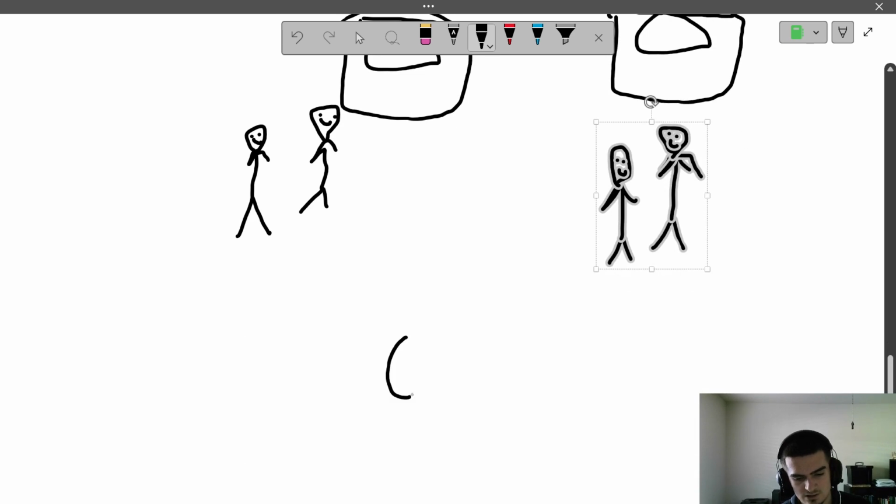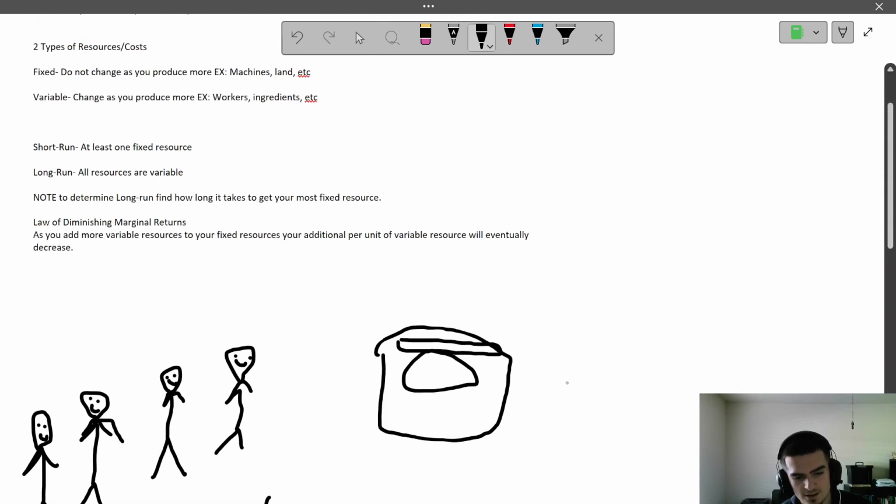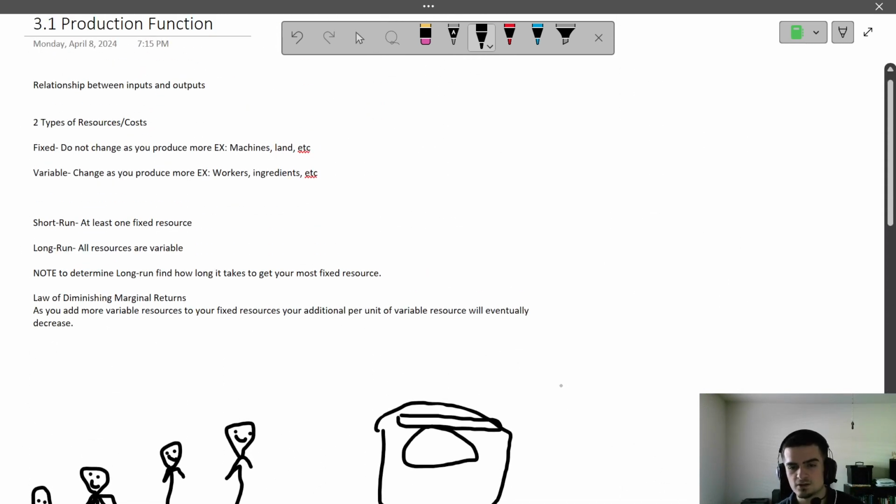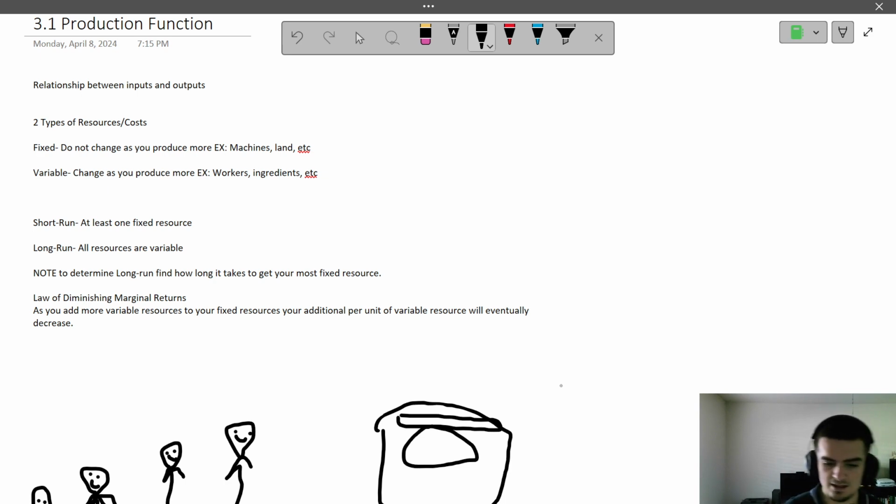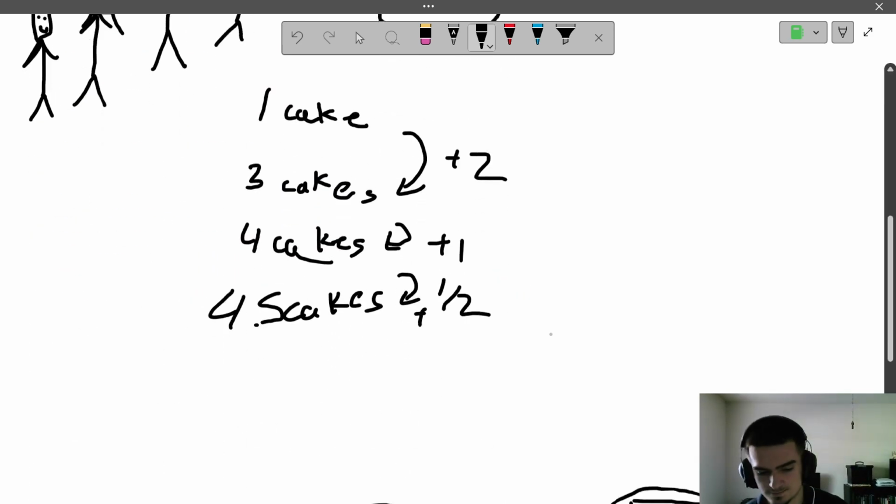So now we're in a scenario with 3 cakes. The law of diminishing marginal return is that the more variable resources you apply to your fixed resource, the less efficient those variable resources will be, or the less additional utility you'll get out of those variable resources.